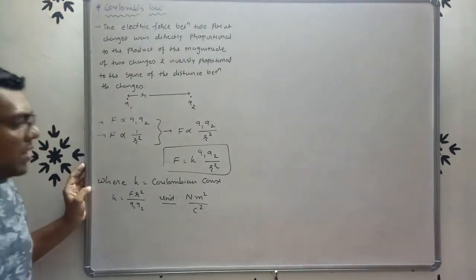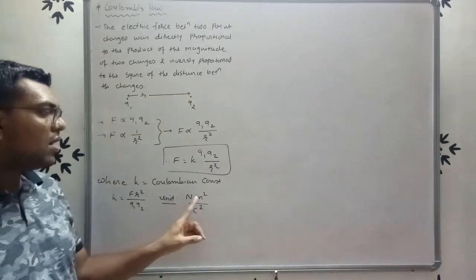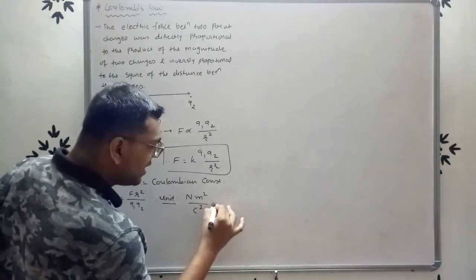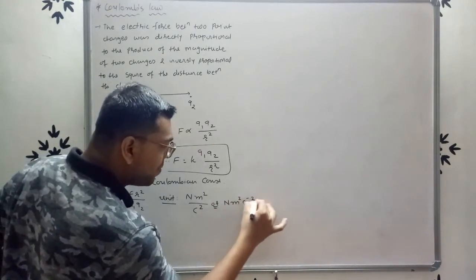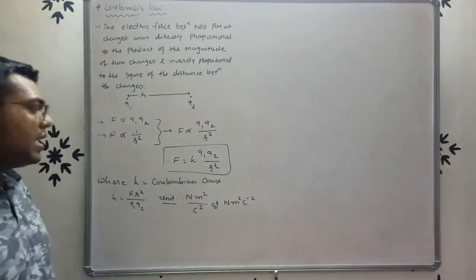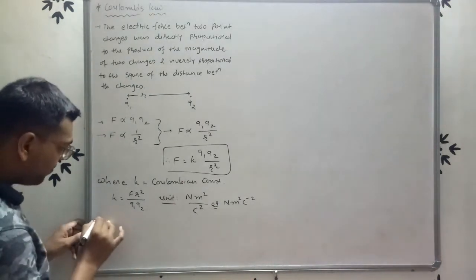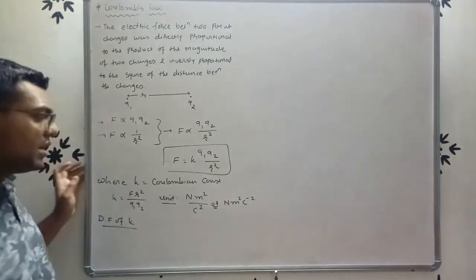So what is the unit of the Coulombian constant? The unit is Newton meter square upon coulomb square, or we can write Newton meter square coulomb minus 2.